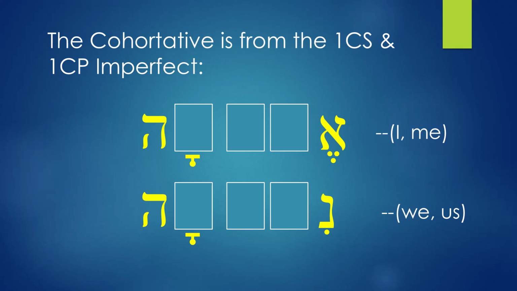So in 1CS, you're going to have a prefix with an a suffix. And in 1CP, you're going to have a ni prefix and an a suffix. Again, the identity is the a suffix. The ni is already coming from the 1CP in the imperfect tense.